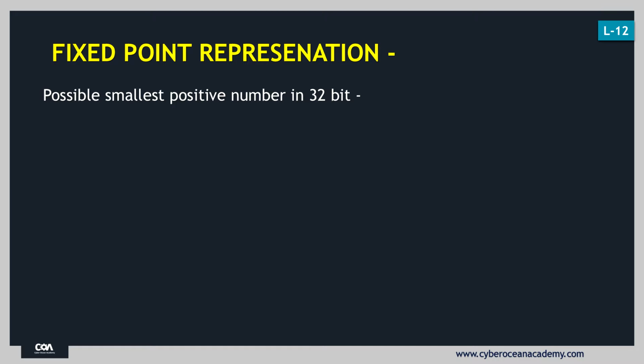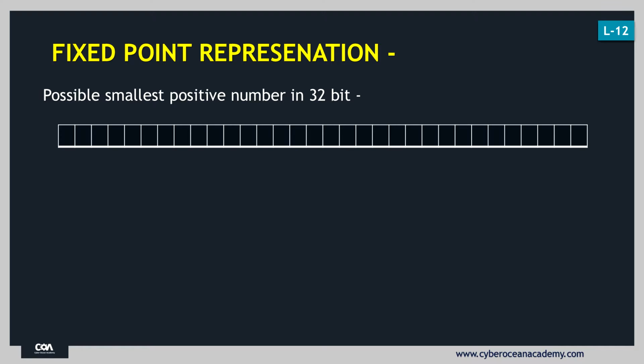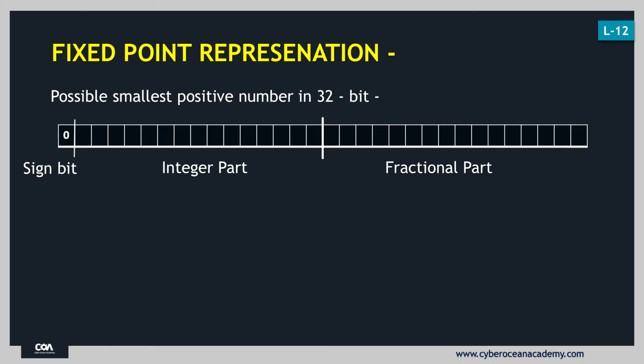Now let's understand the limitations of fixed point representation. What is the smallest positive number we can represent in 32-bit fixed point representation? Here we have a 32-bit binary pattern, and since we have a positive number, the sign field is 0. Now write the rightmost bit as 1.